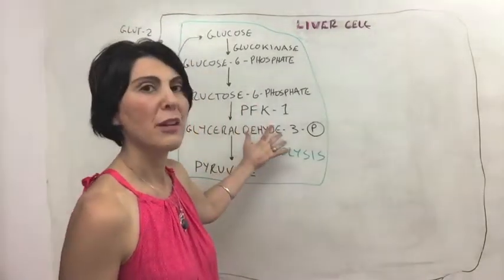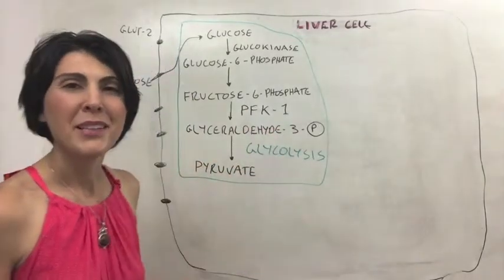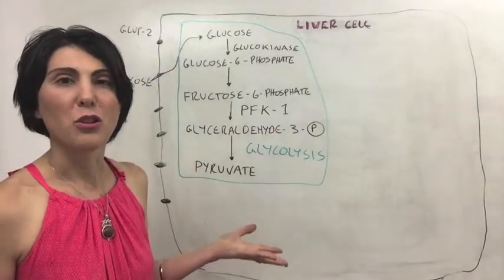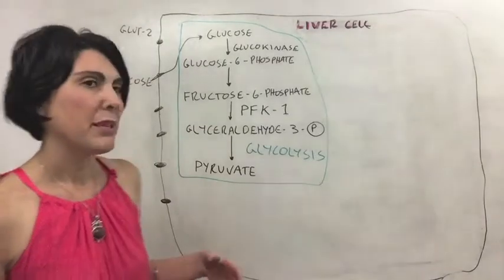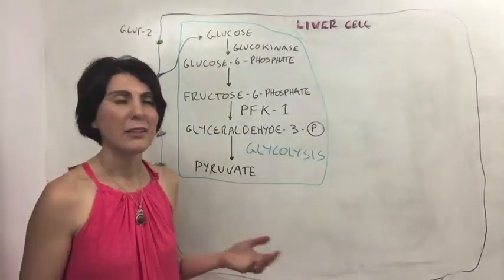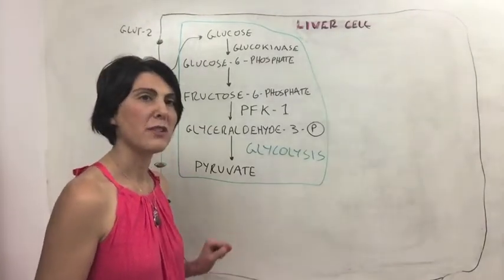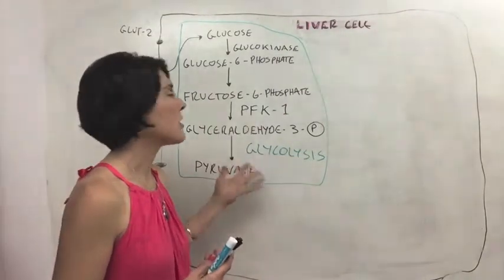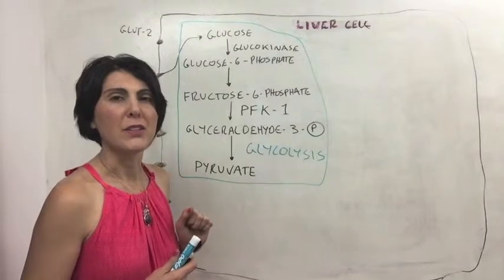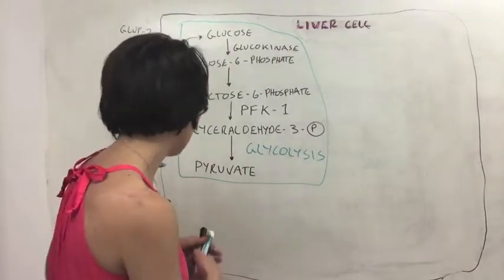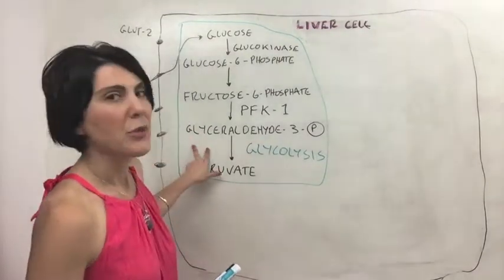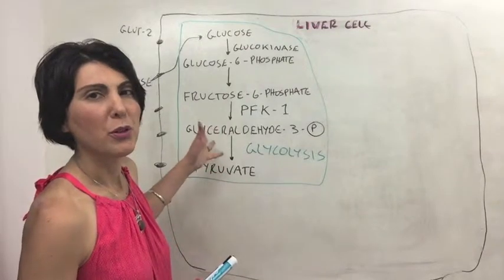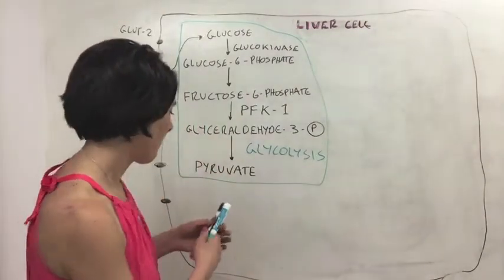Glycolysis is the generation of ATP in the absence of oxygen. It can be activated a lot quicker than oxidative phosphorylation, which is the one that uses oxygen. So within a minute, you're using glycolysis. And you generate 2 ATPs per molecule of glucose.